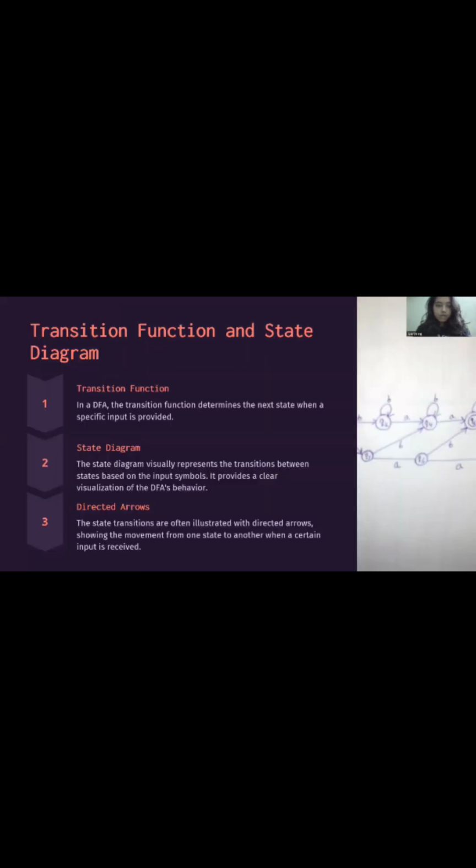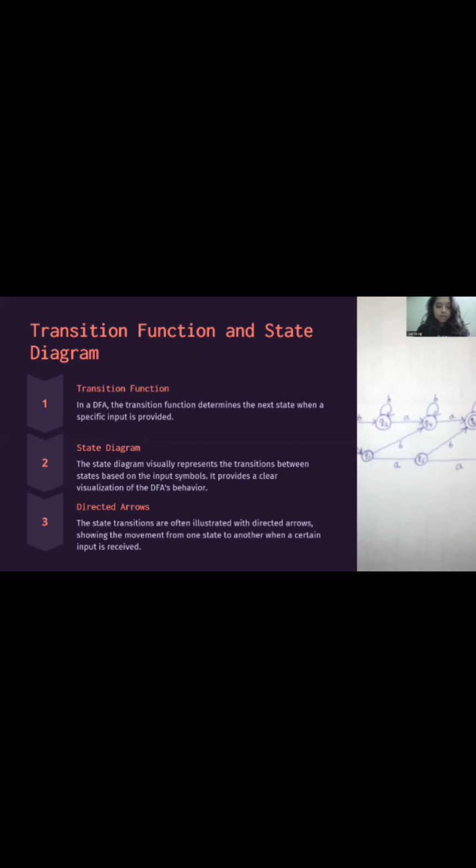Transition function and its diagram. Transition function in DFA. The transition function determines the next state when a specific input is provided. State diagram. The state diagram visually represents the transitions between states based on the input symbols.